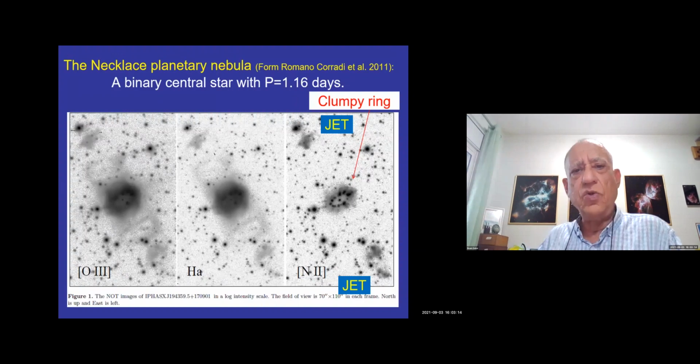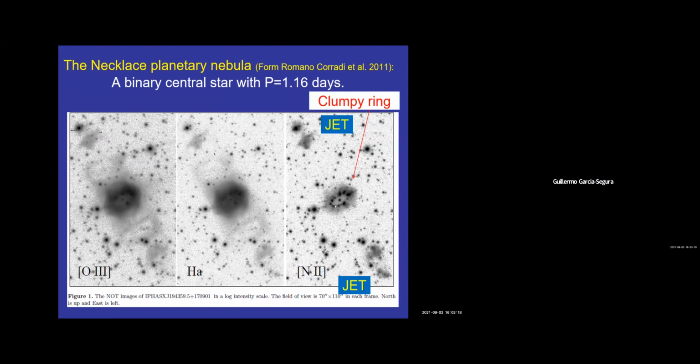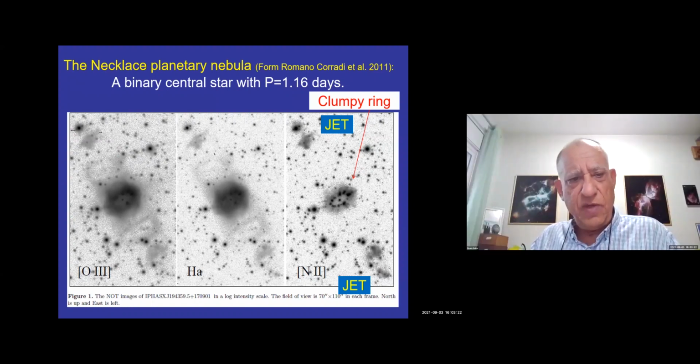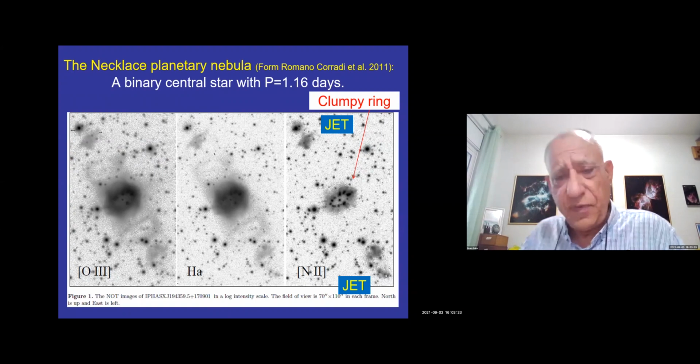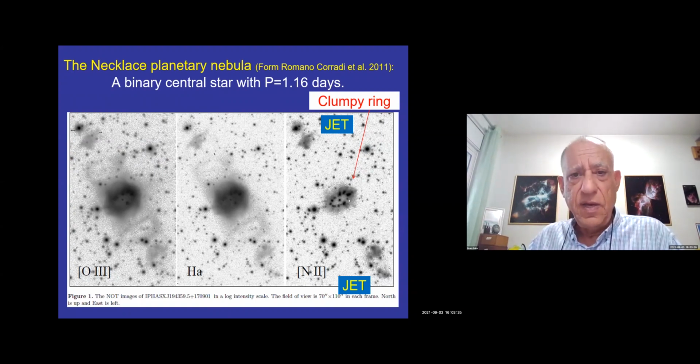We can go to a planetary nebula where we see a ring. You see this clumpy ring. On the upper left and upper right of each image, it's just different lines. You see the jets that shape the nebula. Now we see only the jets going to the upper left and lower right, and the ring.